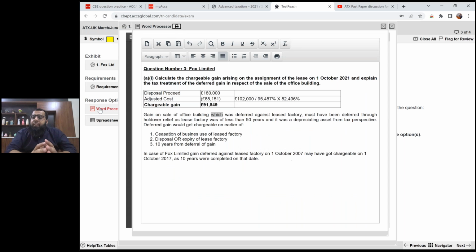So in today's class, we are done with question number 2 of the June 2022 paper, and we started question number 3. In tomorrow's class, we'll complete question 3 and we'll discuss question number 4 also. With that, our June 2022 paper will be completed. Then we'll move towards one more paper and solve a few more questions.